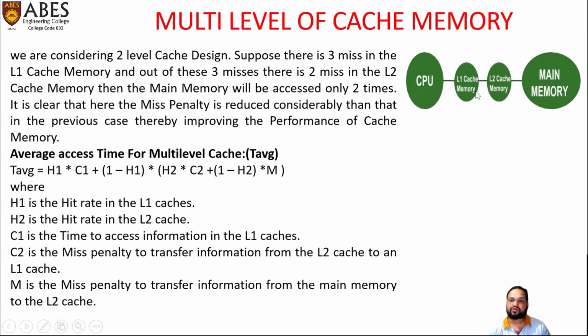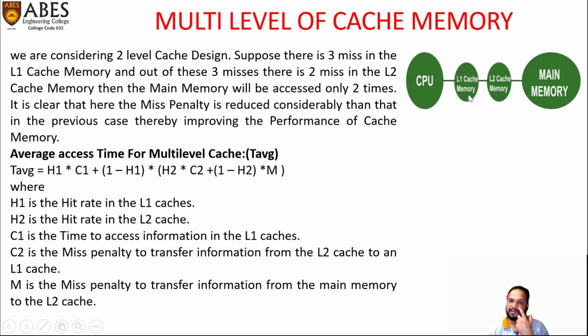Let's suppose we are using only a single cache memory, and the data which we are searching for is not present inside the cache memory. So all those searches will be counted as what? The miss penalty. So we need to access what? The main memory. That is the slower access. So to improve the performance, we are using multi-level cache memory.